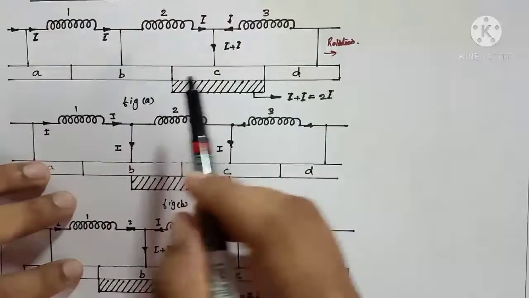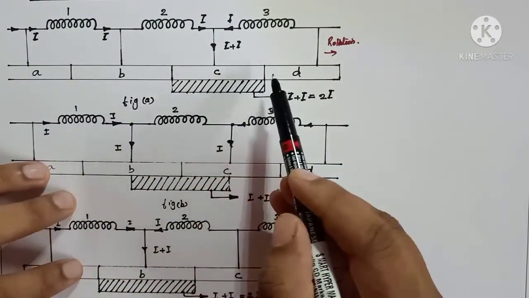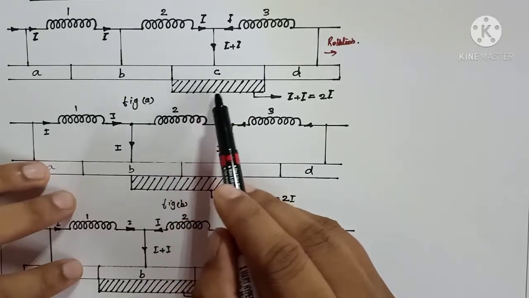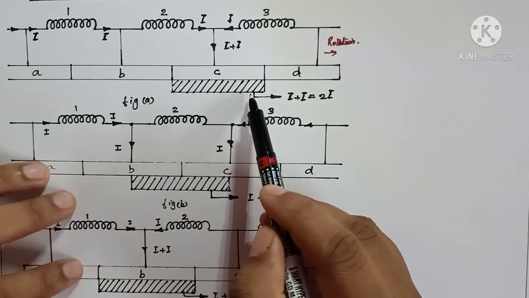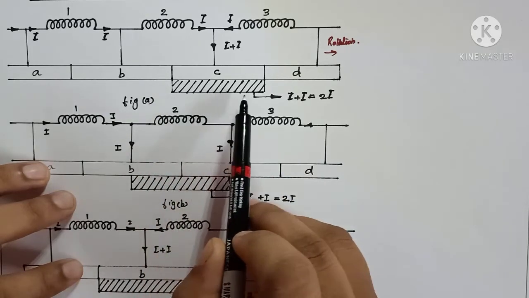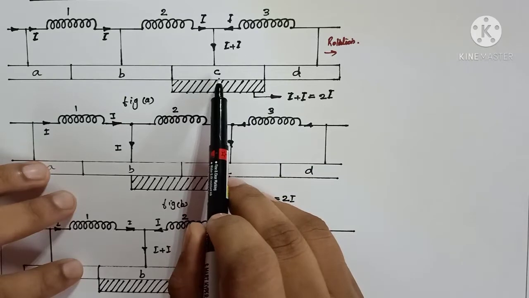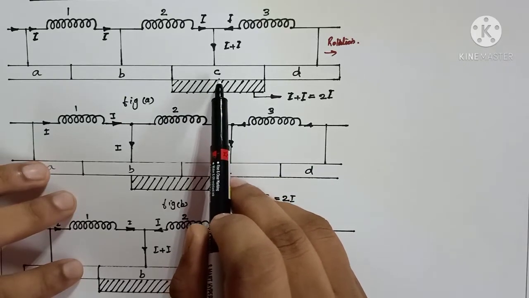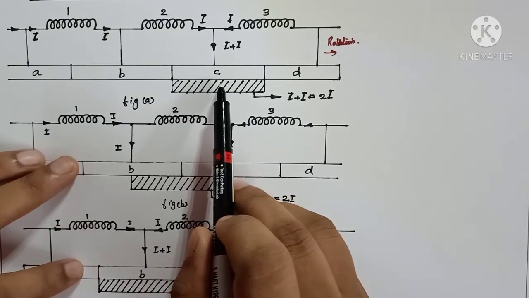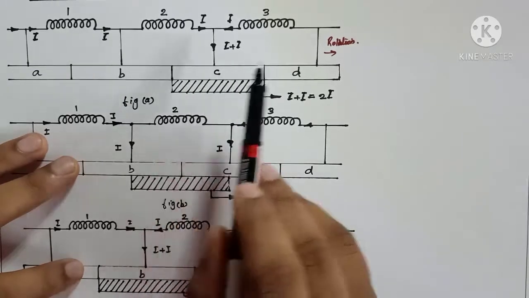Here A, B, C and D represent commutator segments, and these portions represent brushes. In figure A, this brush is in contact with the commutator segment C, and here we will consider the rotation of the armature coil from left to right.